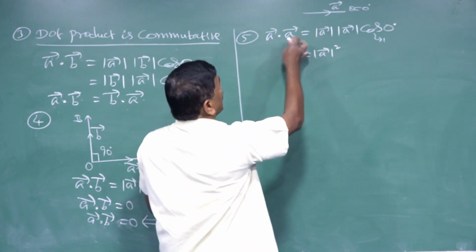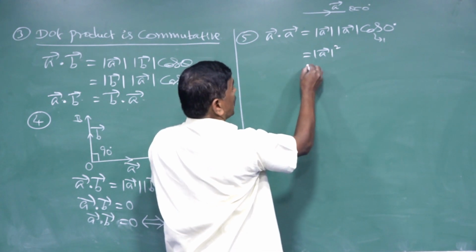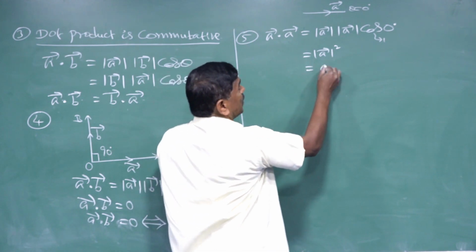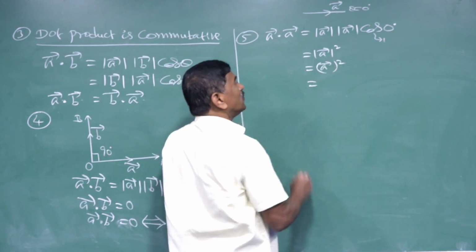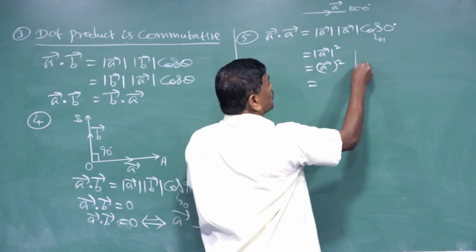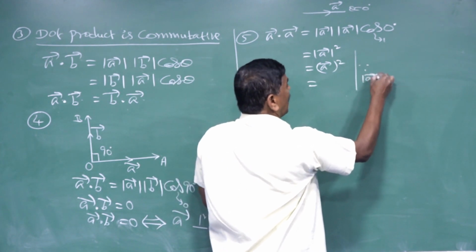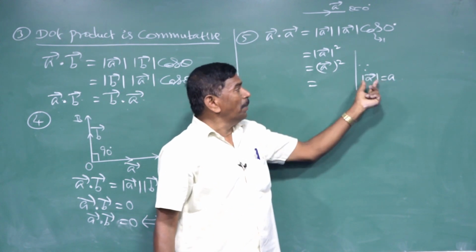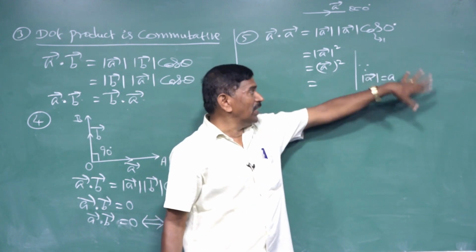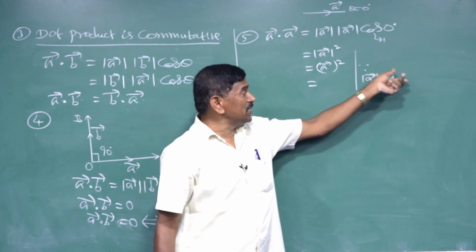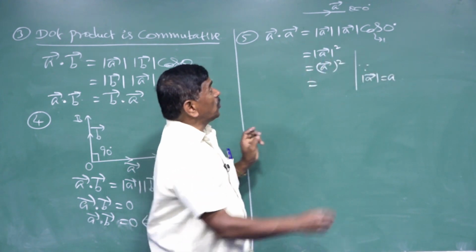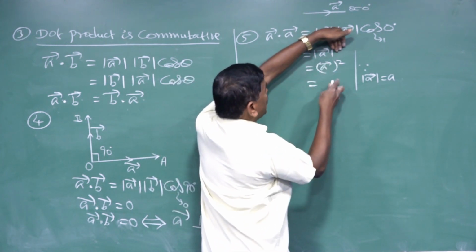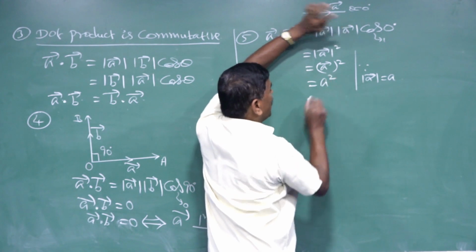Now the left hand side is A vector dot A vector, which is modulus A vector square. Modulus A vector square can be rewritten as A vector the whole square. And also we know that the magnitude of A vector is A, the magnitude of B vector is B, and likewise the magnitude of C vector is C. So therefore, modulus A vector square is A square.